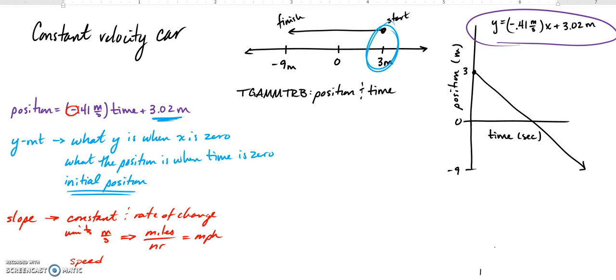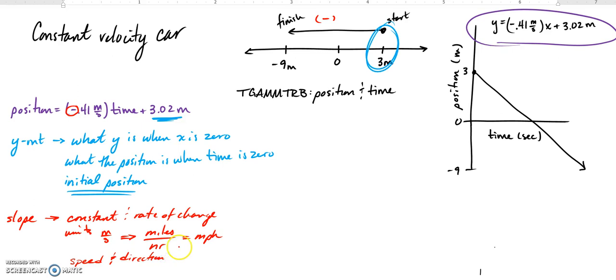It doesn't care which way you're going, so there can't be a negative when it comes to speed. So where is this negative coming from? Well, let's look back here. We are heading in the negative direction. So not only does this tell us speed, but this number, this plus or minus, is also telling us direction.